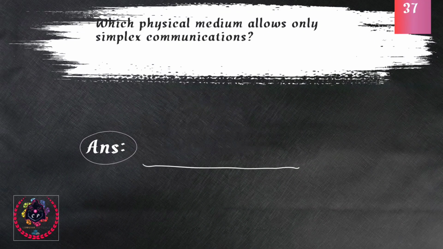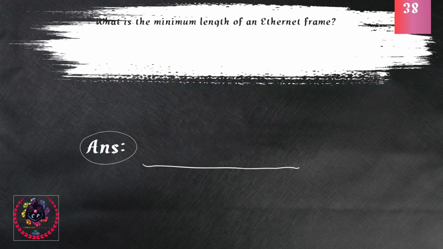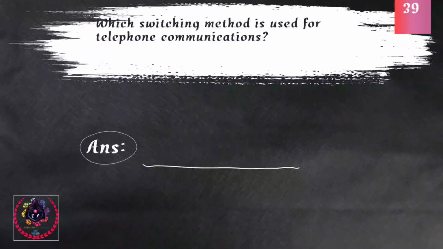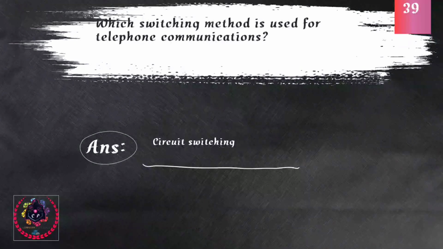Which physical medium allows only simplex communication? Optical fiber. What is the minimum length of an Ethernet frame? 64 bytes. Which switching mode is used for telephone communications? Circuit switching.